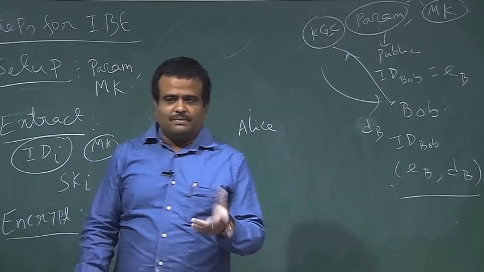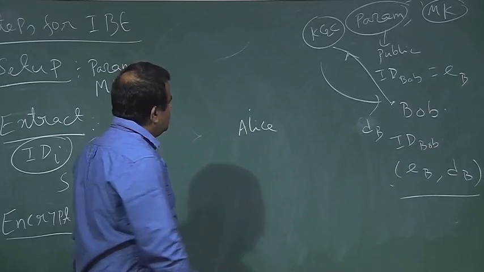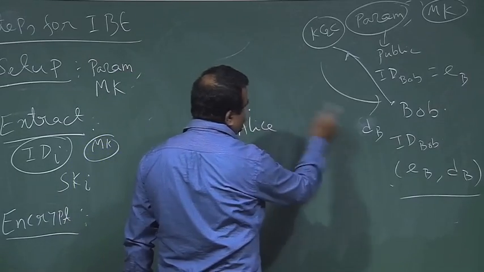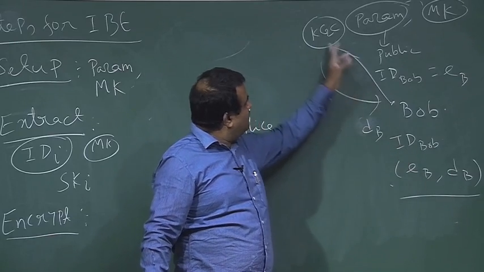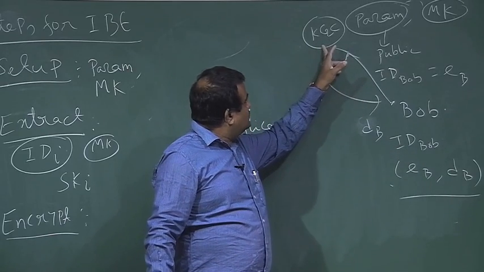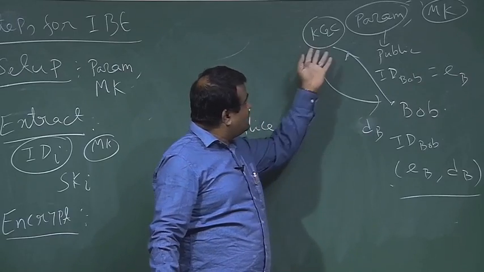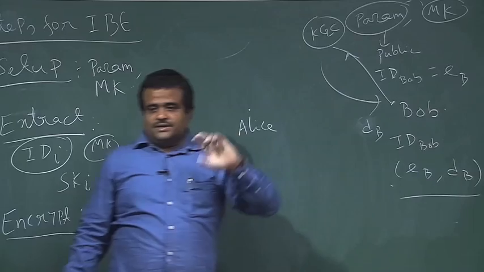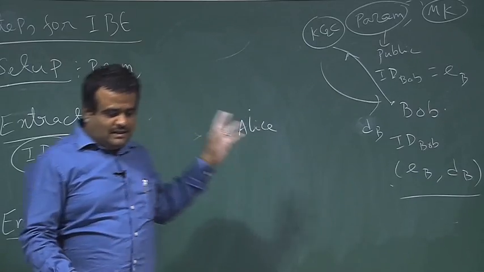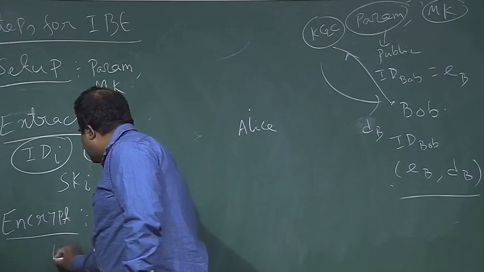Now Bob has his key pair. Alice can send a message to Bob using Bob's public key, which she can get from the KGC, the key generation center, and then Alice can encrypt and send a message to Bob. The fourth step is the decryption. We will come to an example.